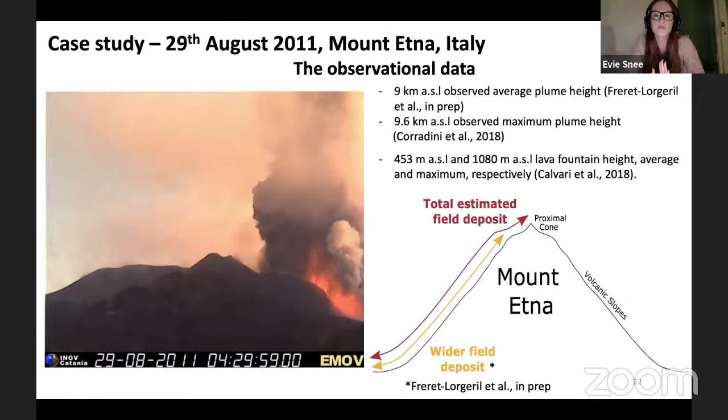However, estimates of the erupted volume in this cone deposit are reported in Behncke 2014 and Eveanjelene 2018. From these volume estimates, we have estimated the initial mass flow rate associated with this erupted material, and added it to the mass flow rate determined in the literature from the wider fall deposit. We're calling this total the total estimated fall deposit, so this is everything in the cone as well as everything elsewhere.